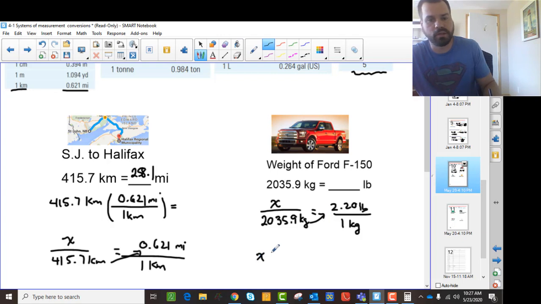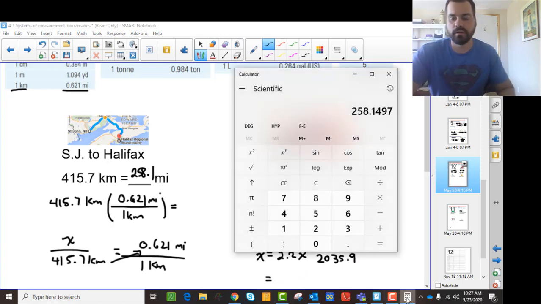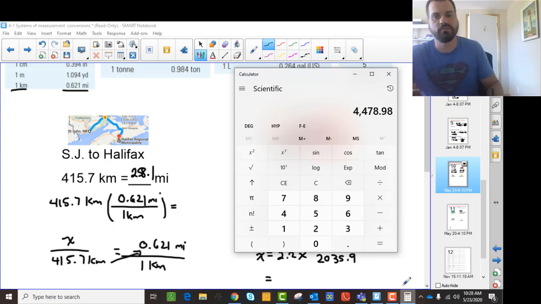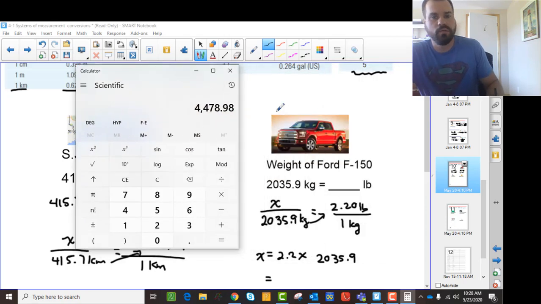So we're going to get X to be 2.2 times 2035.9. Again, we're just going to take our calculator and do that. So 2.2 times 2035.9 gives me 4478.98. Let's just round that to 4,479.